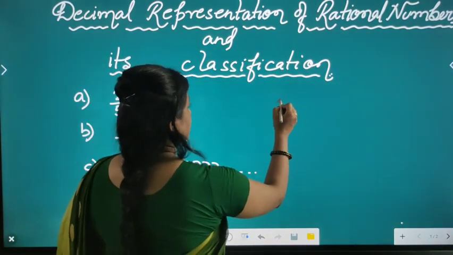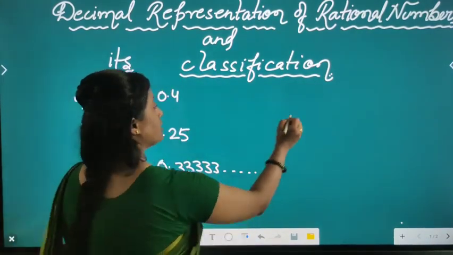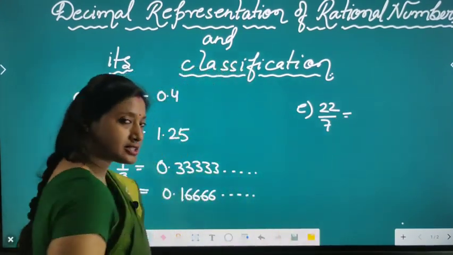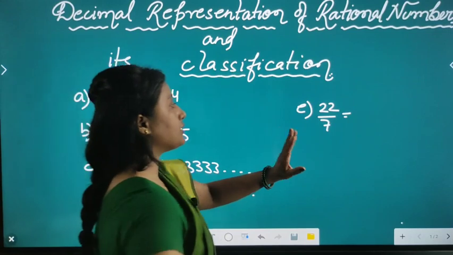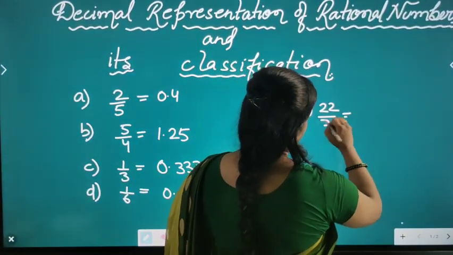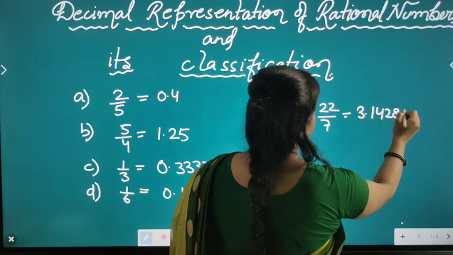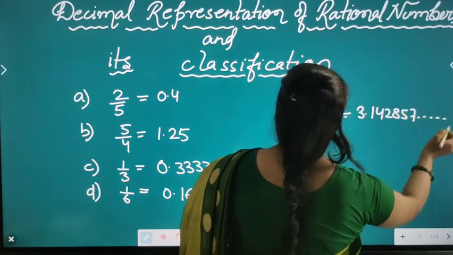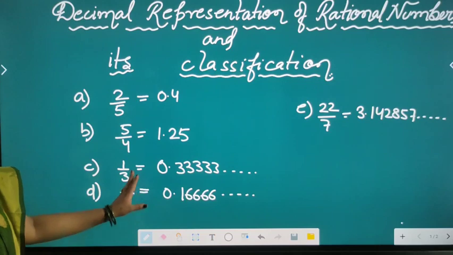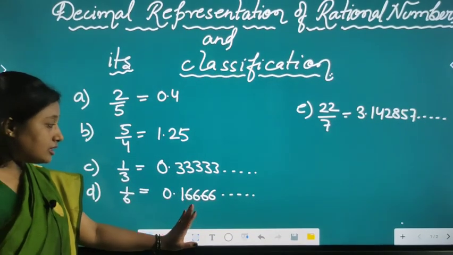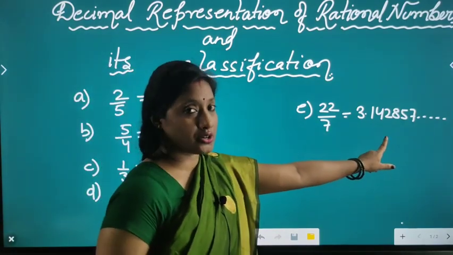And one more example: 22 by 7. If you divide this, you will get a value like this, 3.142857, and so on. What is the difference? Here the digit after the decimal is repeating. Here also repeating. Here it is not repeating.